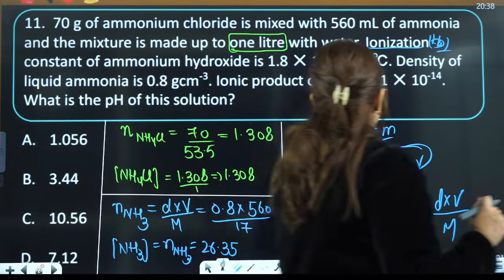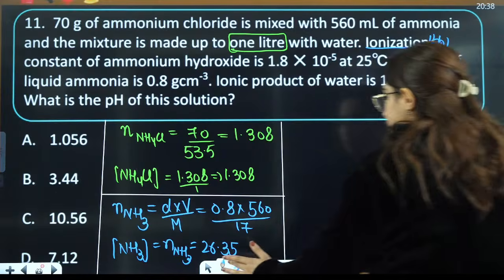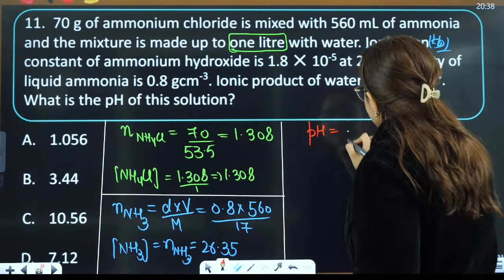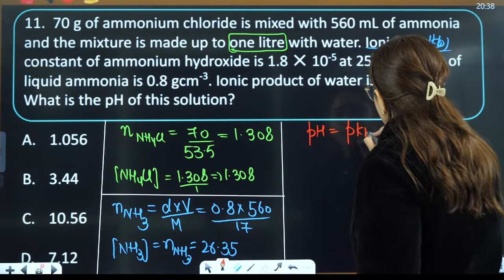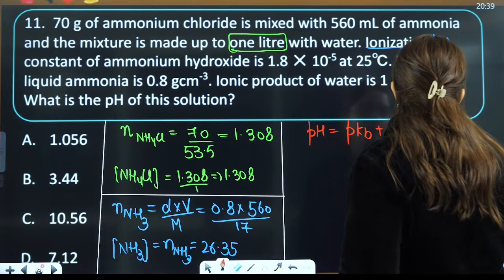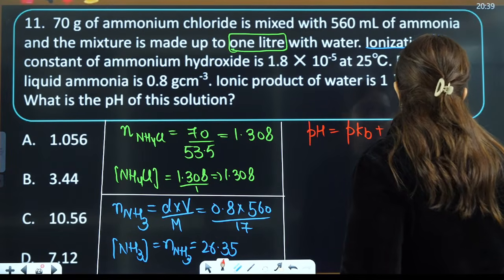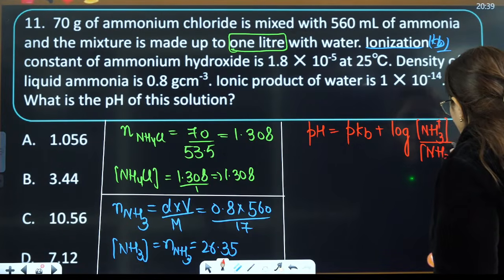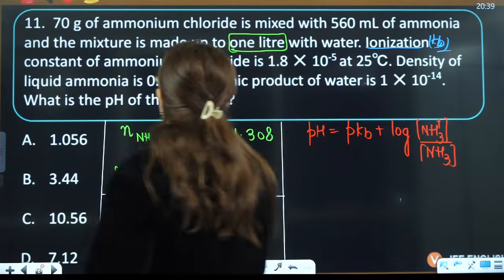Okay, that is going to be the concentration. Now everything is quite easy. pH is equal to pKb plus log of NH4 positive divided by NH3. Okay, now just put in the values.